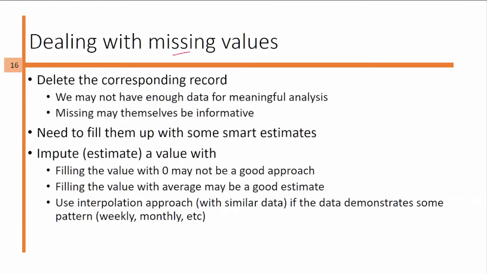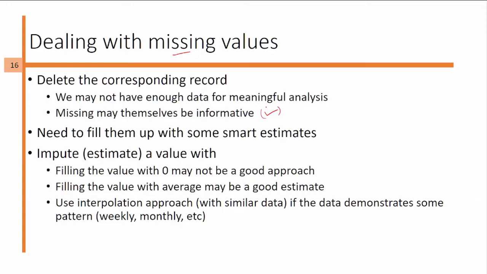If some value is missing, how do we deal with it? One option is to just delete the record. That's the easiest way of doing things. But the problem is that the record may itself be very informative, so by deleting it you are losing information.